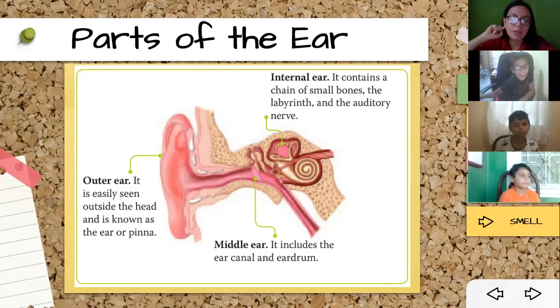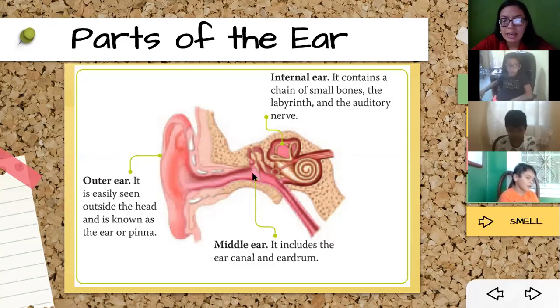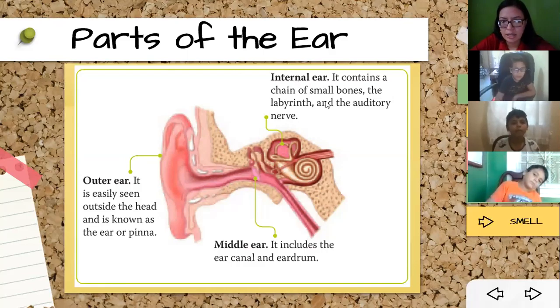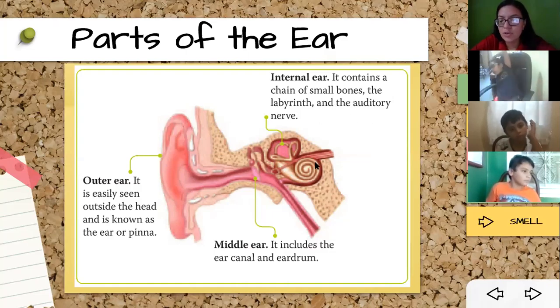That is our outer ear. The middle ear includes the ear canal, this part, and the eardrum. Okay? The other one is the internal ear. The internal ear consists of a chain of small bones, the larynx and the auditory nerve.